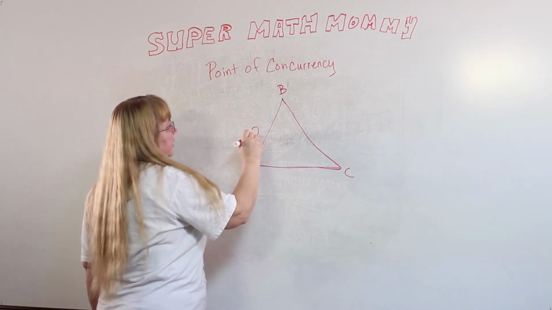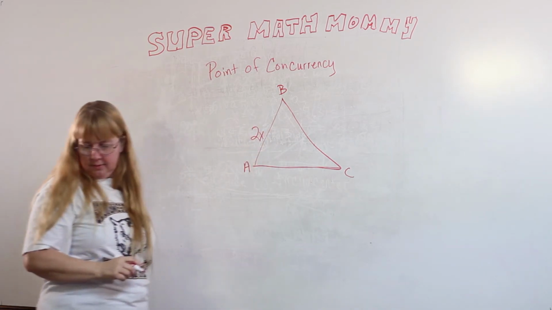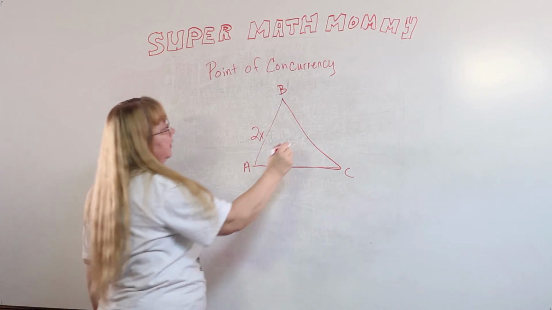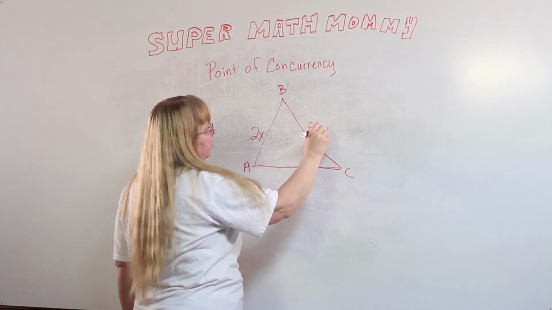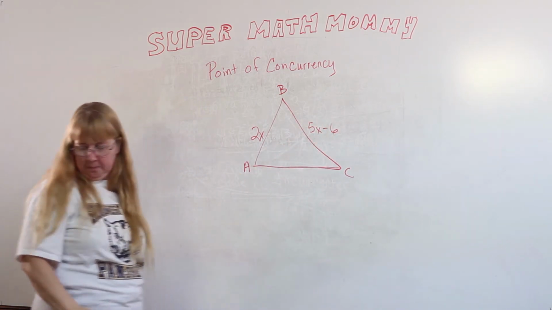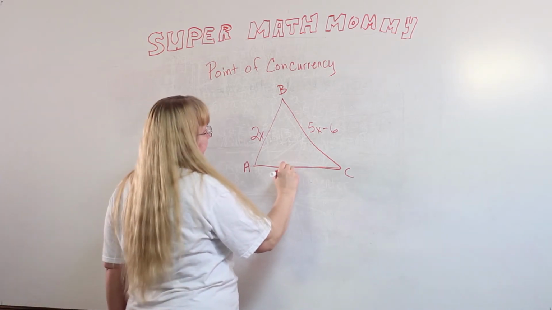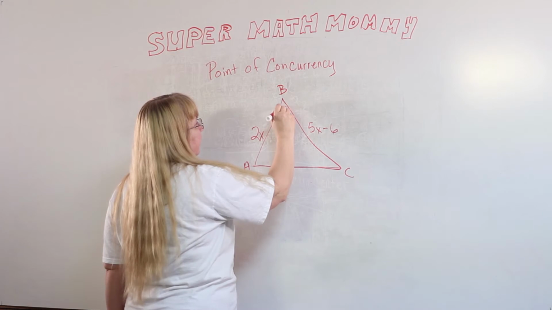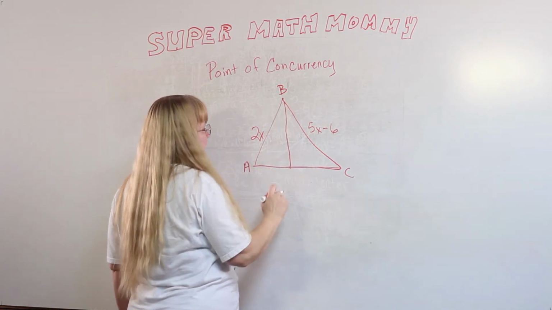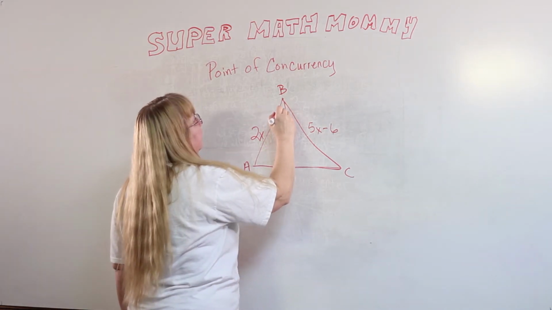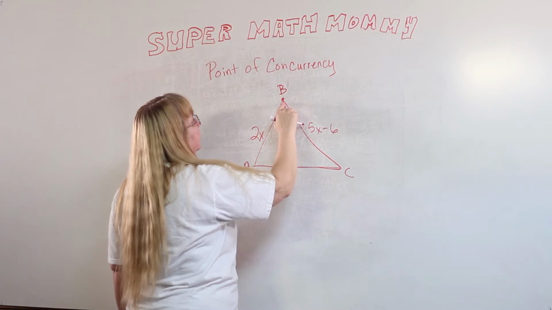And this side is 2x. And this side is 5x minus 6. And I have a perpendicular bisector that comes up, and actually, I didn't draw it very good, but it actually hits that vertex.